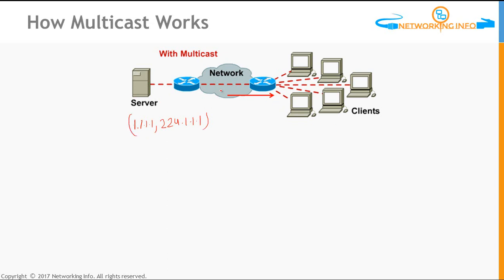Then it will go through the network. Whoever the devices in the network are, they will receive this stream constantly coming from the server application, and the recipients are not asking as of now.